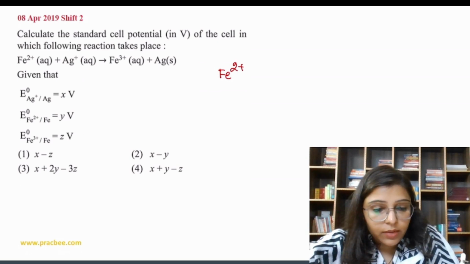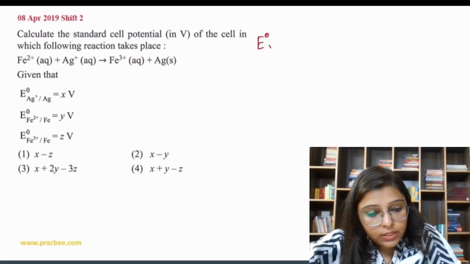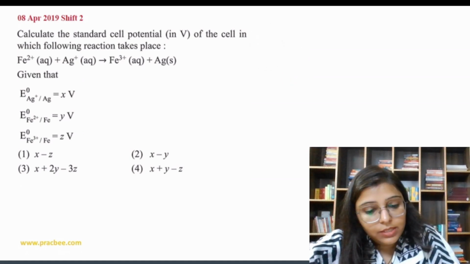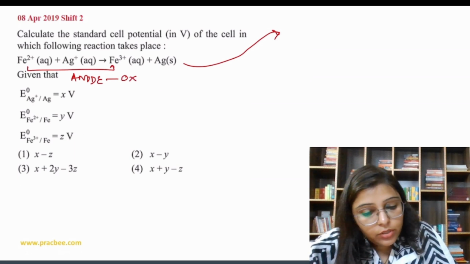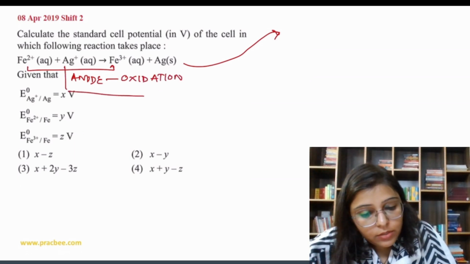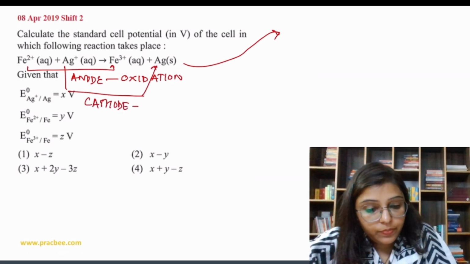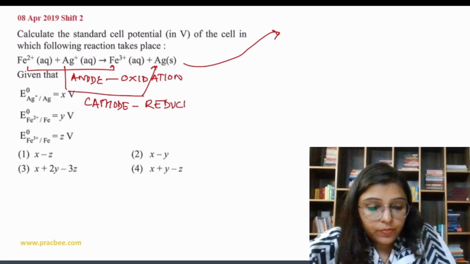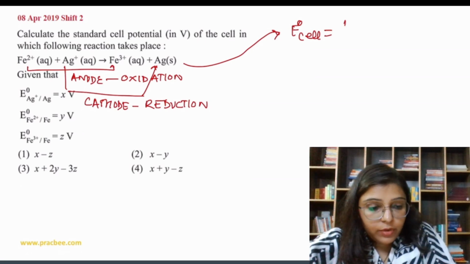We have to find the standard cell potential, E naught cell. Let's write the cell representation. Fe2 plus to Fe3 plus is the anode, this is the oxidation. And Ag plus to Ag is the cathode, and this is the reduction.